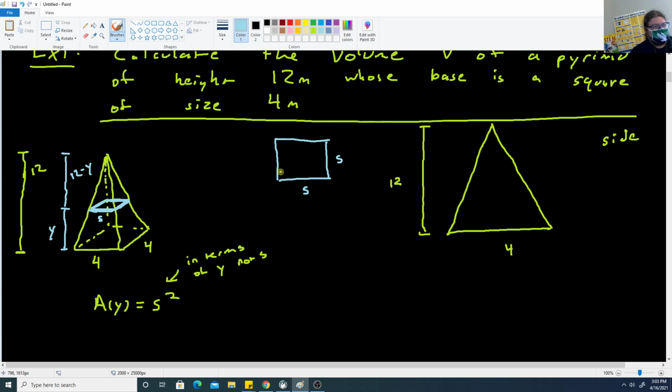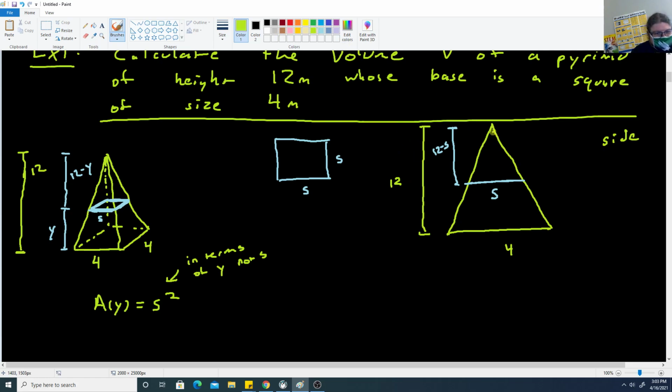This little bar here, this s by s, would be at a random height y, which means its side length is s. And from here up to here is 12 minus s. So I'm going to form two right triangles out of this.